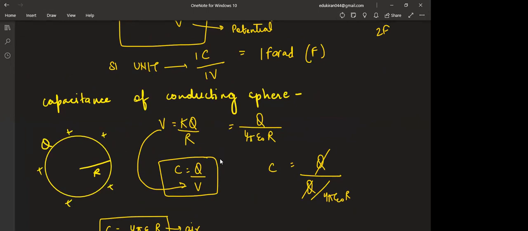So actually everywhere charge gets cancelled, and without charge potential doesn't exist. So it means charge has to be present here, right? Charge has to be present here, and charge is already there in the numerator. So if charge is present in both the cases, there isn't any charge left. There isn't any capacitance left proportional to charge.